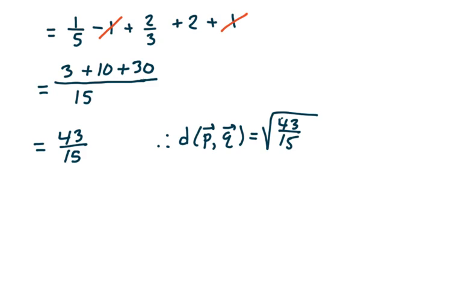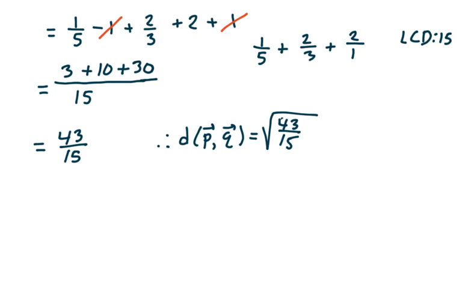Okay? The 1's cancel. And so if we come over here, we're going to get 1/5 plus 2/3 plus, essentially 2 over 1. The LCD here is 15, right? And 5 goes into 15 3 times.